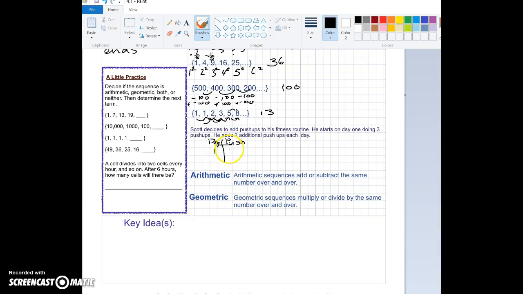Okay, so on day 1, he did how many push-ups? He did 3. On day 2, how many push-ups did he do? Well, he added 2 additional push-ups each day. So that means on day 2, he did 3 plus 2 makes 5. On day 3, he did 5 plus 2, and that would give me 7. And on day 4, he would do 9, right? So how many would he do on day 5?